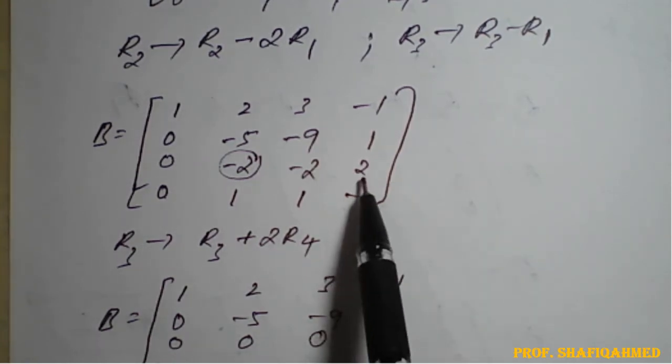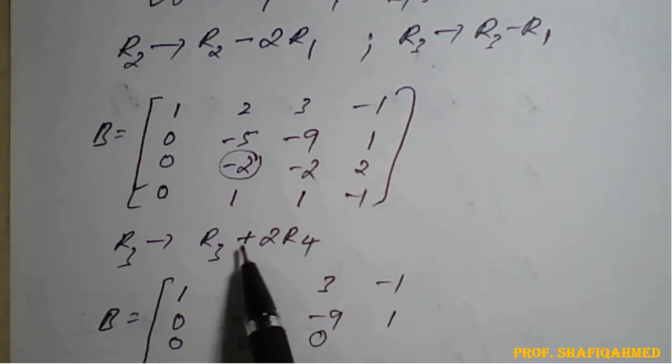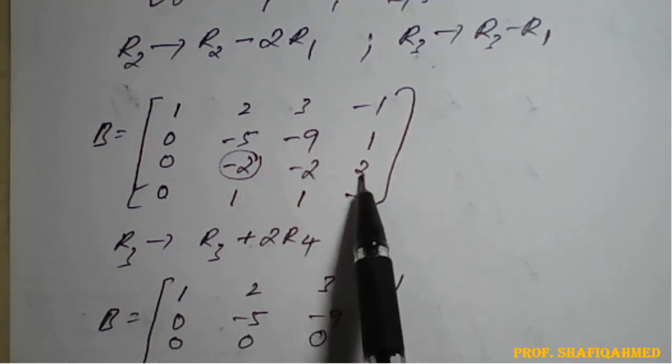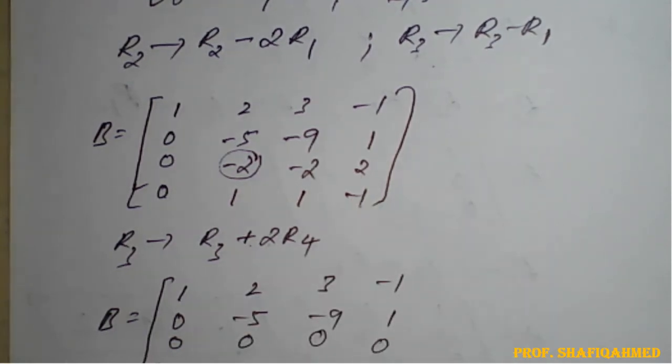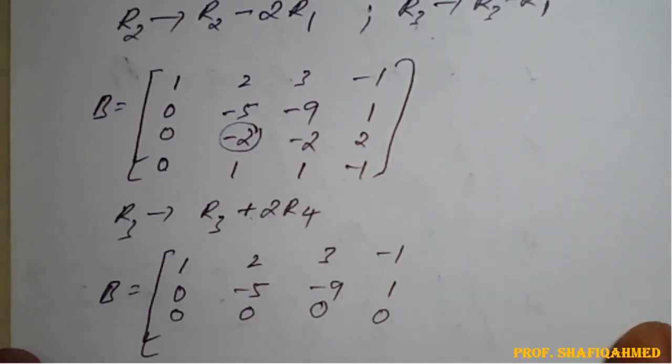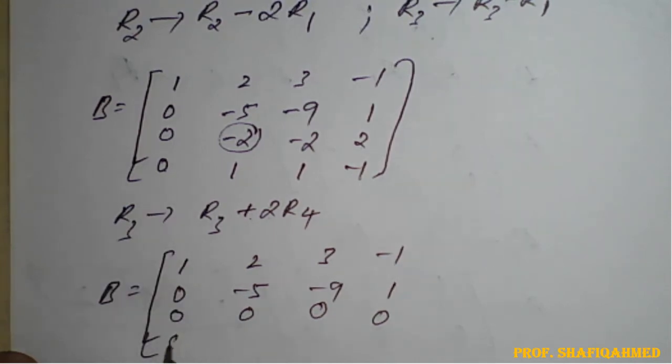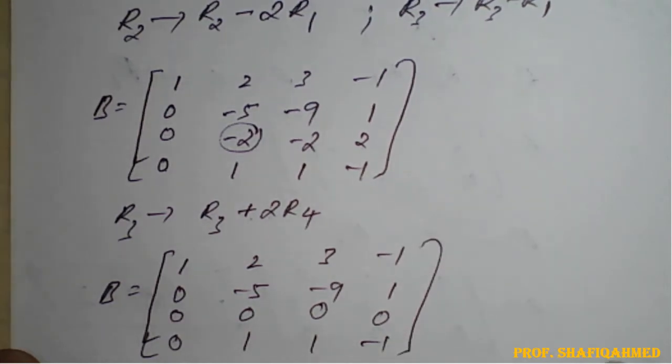Next, 2 plus 2 into minus is minus, so 2 minus 2, this also becomes 0. So all these elements become 0, and we are left with this element, I will copy as it is, 0, 1, 1, minus 1.